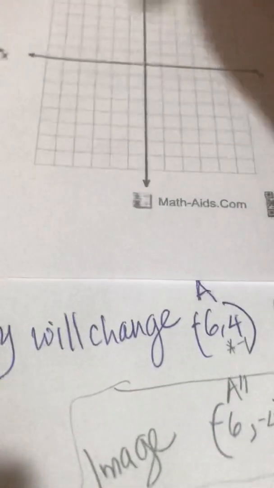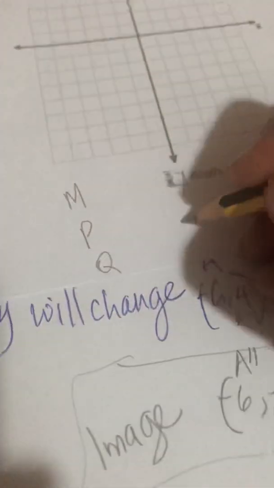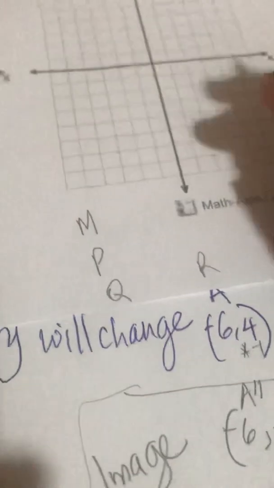Okay, here make another 4, let's say 4. So we do M, P, Q, R. Okay, M will be -3, 5. P will be 2, 4.